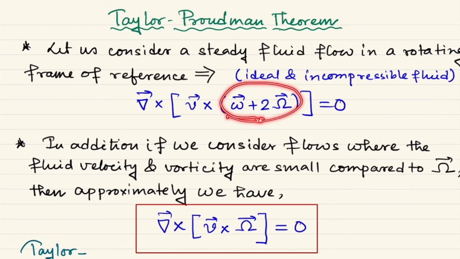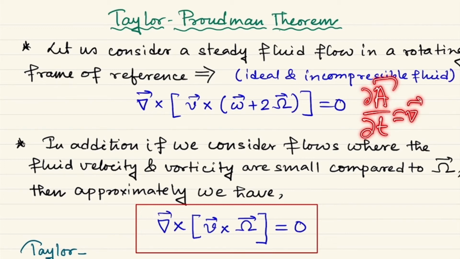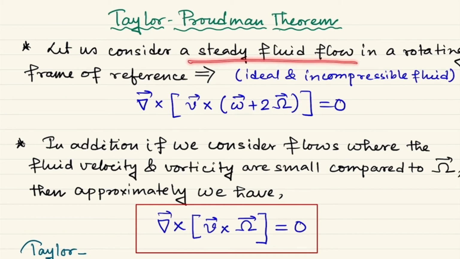Okay, and because this quantity satisfies something like dA/dt equal to curl of v cross A, where A is the concerned vector. Now if we consider a steady fluid flow, that means there is no explicit time dependence of the fluid flow, in the rotating frame of reference, then what happens?